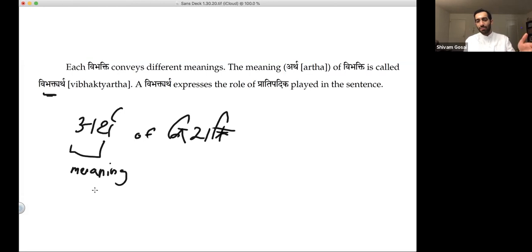And that's the next topic we're going to take up: vibhaktyartaha. So you can repeat after me. Vibhaktyartaha. Or if we make it plural, then it's vibhaktyartaha. You can see it spelled on page 74 at the top. Okay, so vibhaktyartaha.